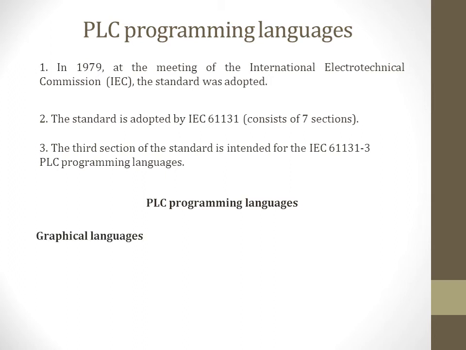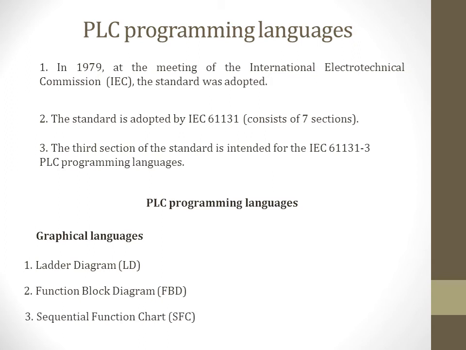We have two types of programming languages. There are graphical languages, which contain ladder diagram, functional block diagram, and sequential function chart. The next type of languages is textual.